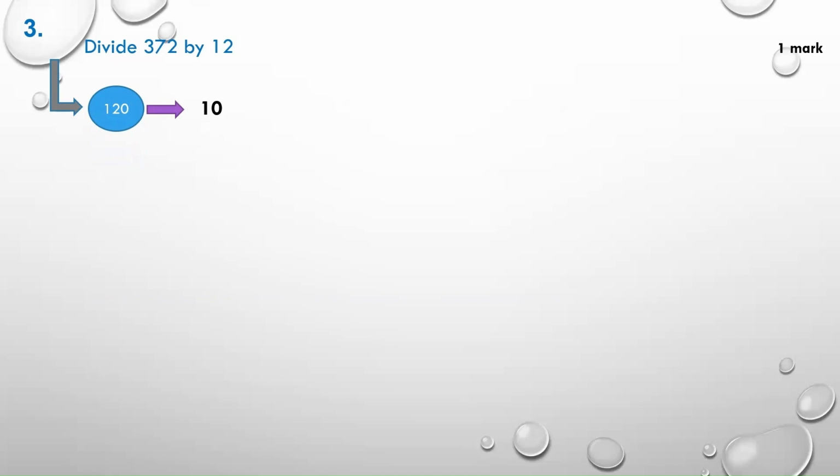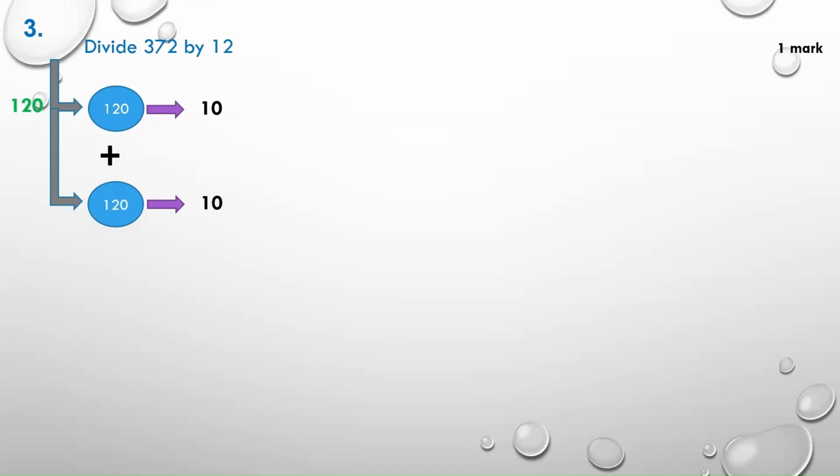So out of that 372, we have catered for 120. Can we find another 120 in there? Well, yes, we can. So that means we're going to get another 10 groups of 12, or 10 dozens.